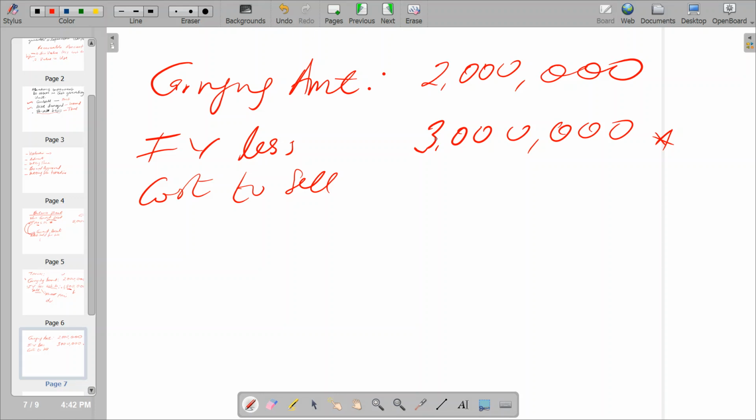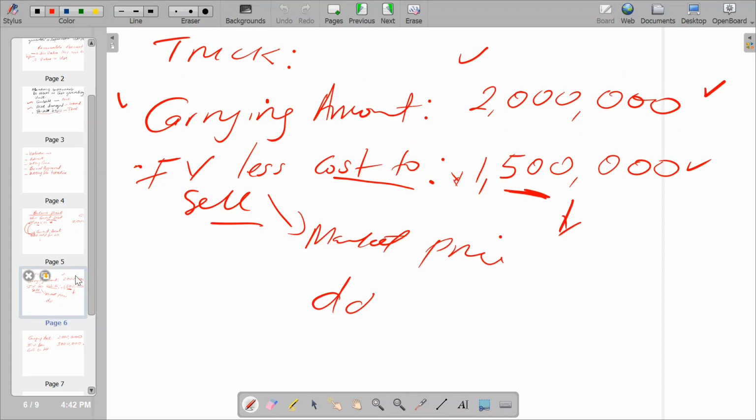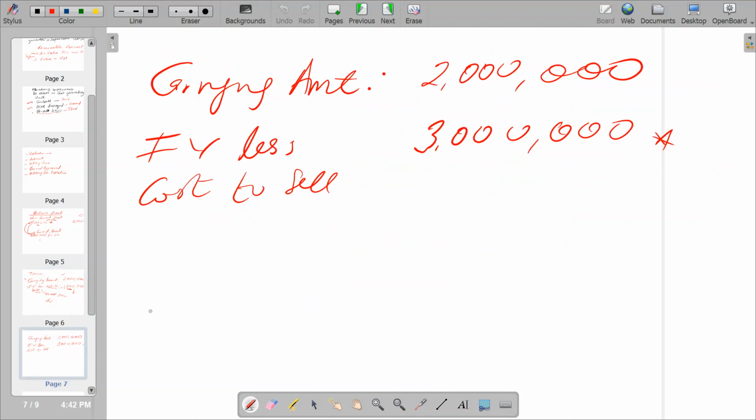So there's a principle we are going to look at. What you said here, the first one is fine. The fair value is fine, but the second scenario, we'll explain it further.